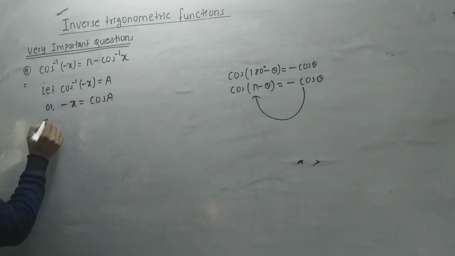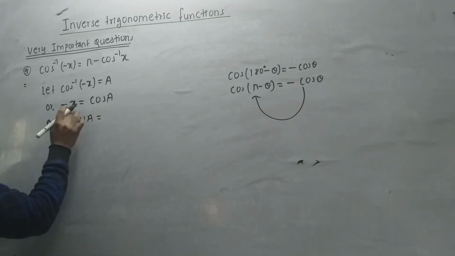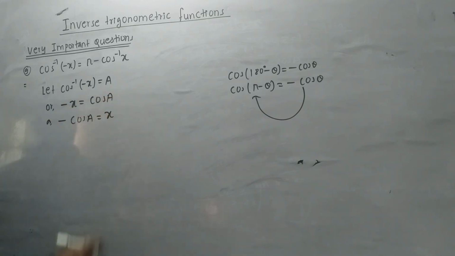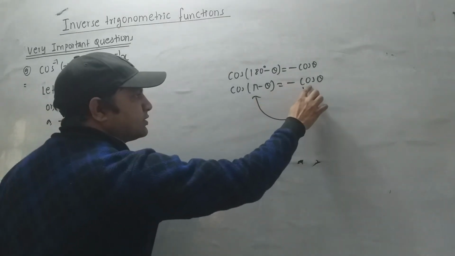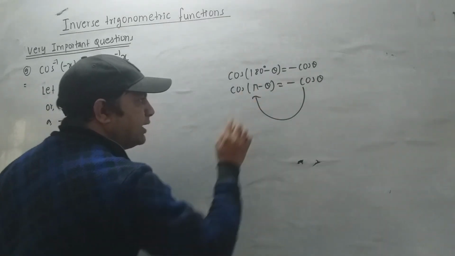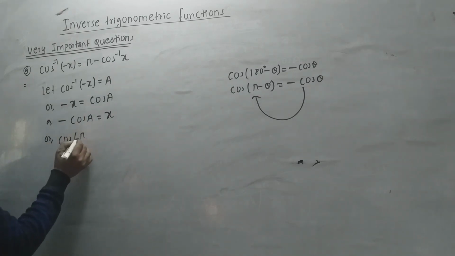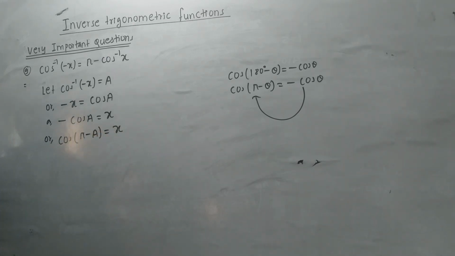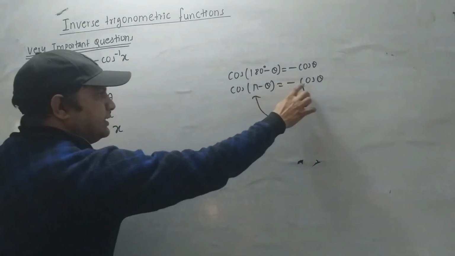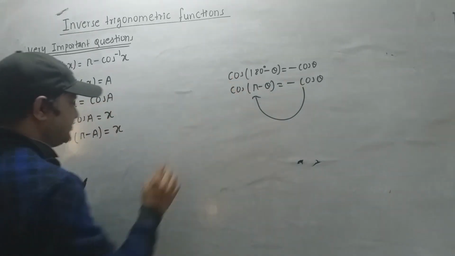So this will be minus cos a equals x. Now for minus cos a, you can replace it with cos of (180 minus a), that is cos of (pi minus a), equal to x. Don't be confused, minus cos a is cos of (180 minus a).